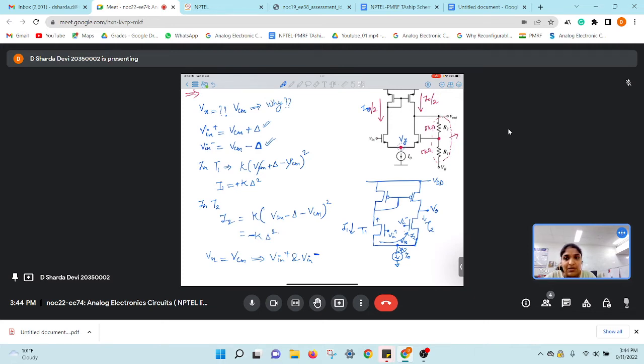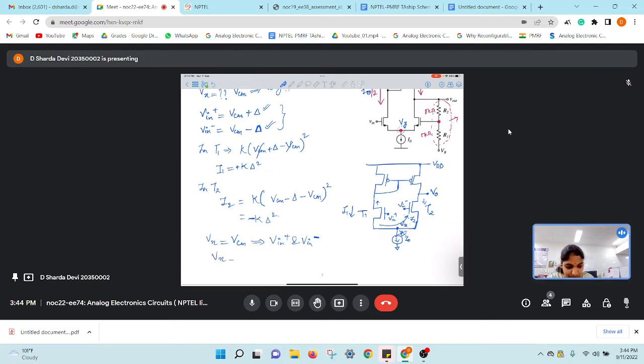Is there a possibility to write Vx in terms of Vn plus and Vn minus? Vn plus plus Vn minus by 2. Yes. So Vx was basically Vn plus plus Vn minus by 2, so we get Vcm plus delta plus Vcm minus delta by 2, which is Vcm.